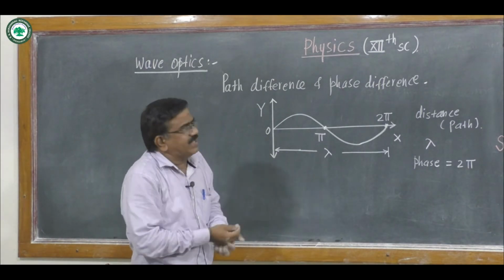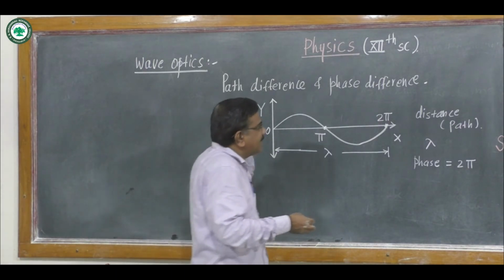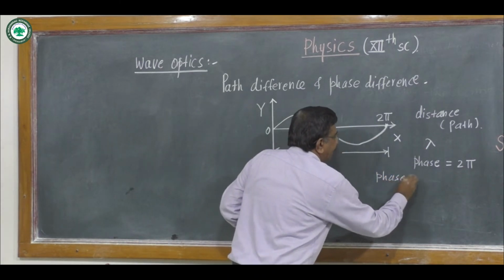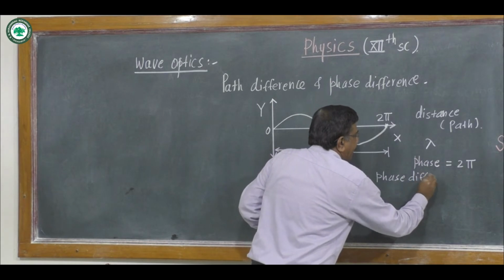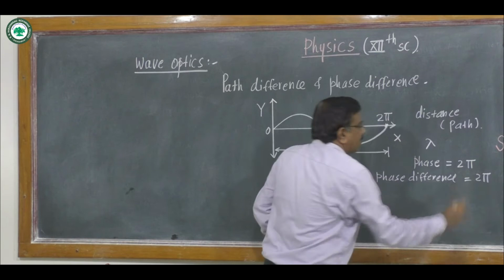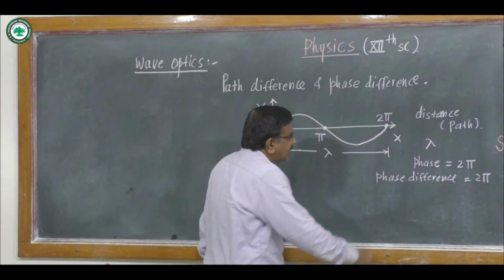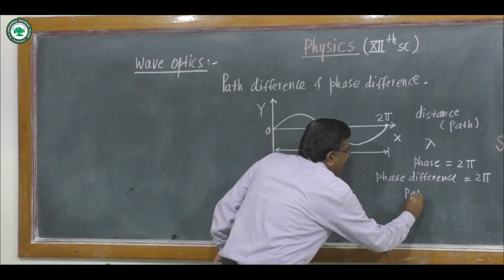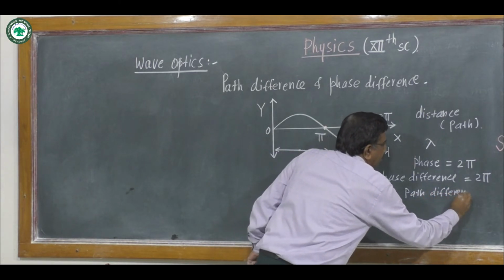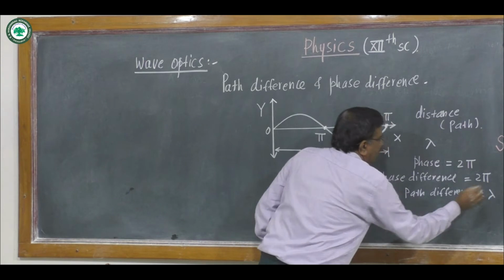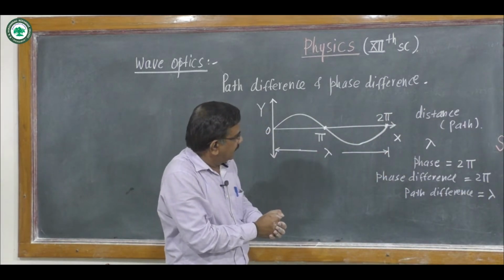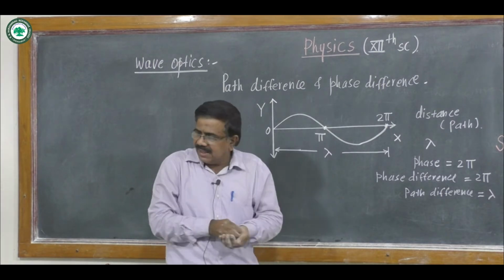For two waves of phase difference 2 pi, it corresponds to path difference lambda. Phase difference between the two waves, if it is 2 pi radian, the path difference is lambda.